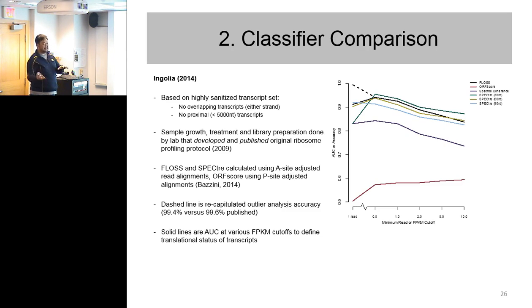If you have gaps in read coverage and there's no signal there, it's unable to formulate a score. So we found that using a windowed approach does seem to improve performance quite a bit. And then at the bottom is the ORF score.